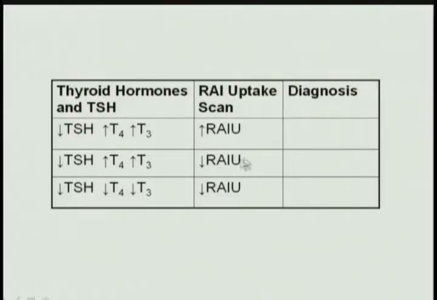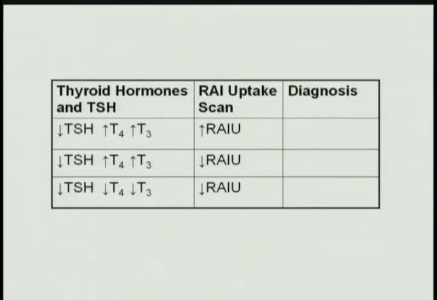And you do the radioactive iodine uptake scan in this patient, and lo and behold, look, this patient has decreased uptake on the radioactive iodine uptake scan. And you say, how could this happen? How can the patient have increased symptoms, typical of hyperthyroidism, and a decreased radioactive iodine uptake scan?